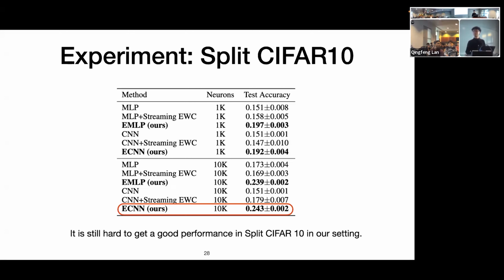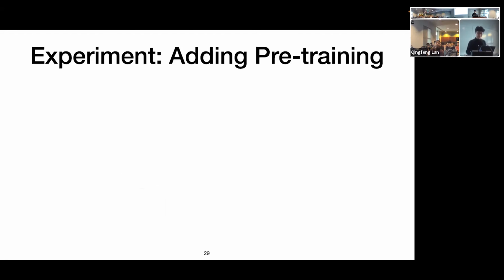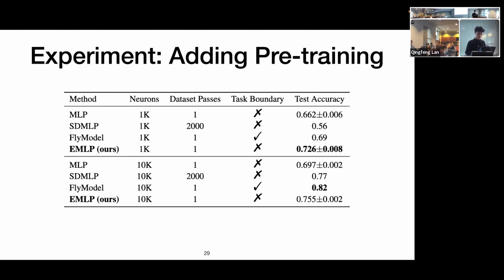Okay. So next, because this setting is so hard, we add pre-training back, and we use a fixed feature encoder to encode the CIFAR 10 images into image embeddings, and the dimension of this feature is reduced so that we can get better representations.